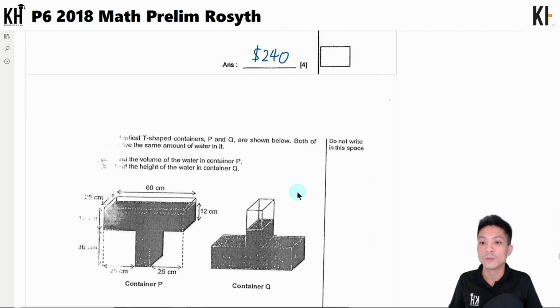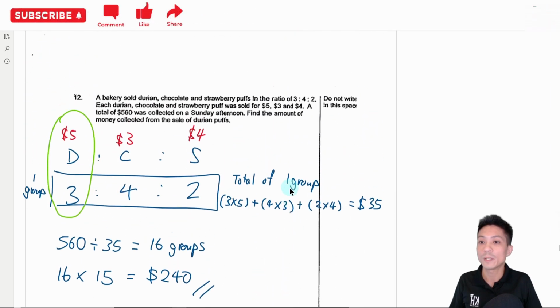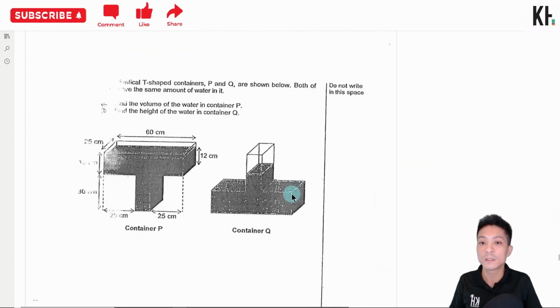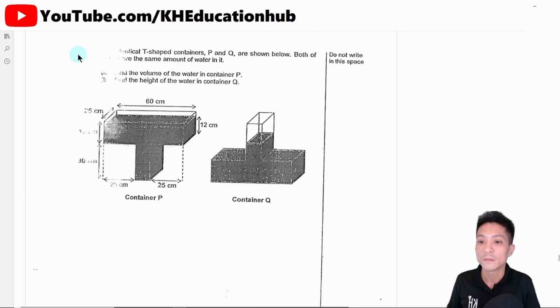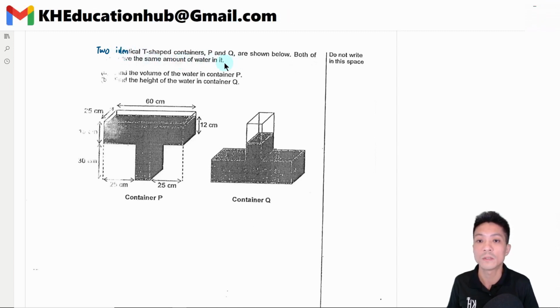Okay, let's move on to this. Question 13. I think some parts of the question are not visible, but we can make out what the question is. Two identical T-shaped containers P and Q are shown below.